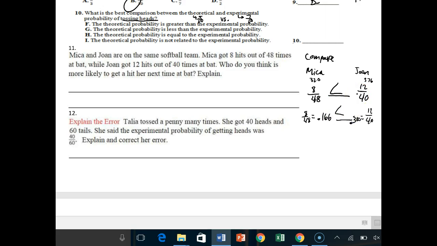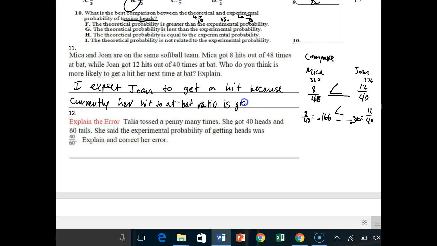So you would say, I expect Joan to get a hit because currently her hit to at-bat ratio is greater than Micah's.